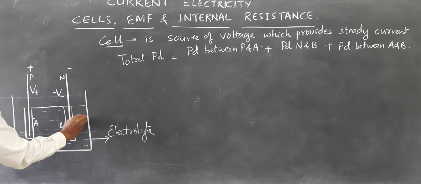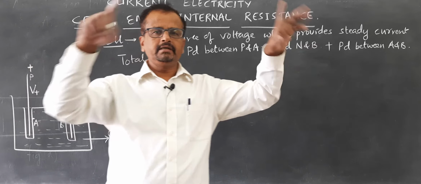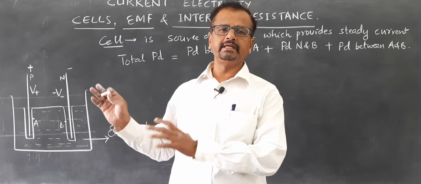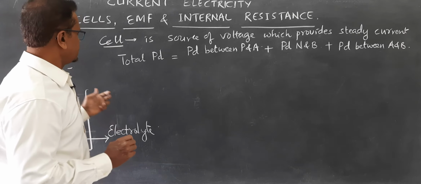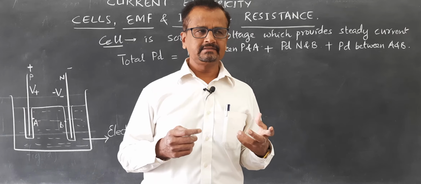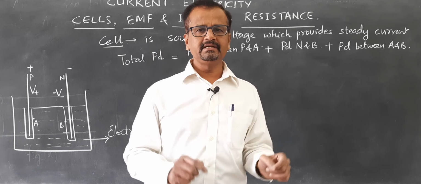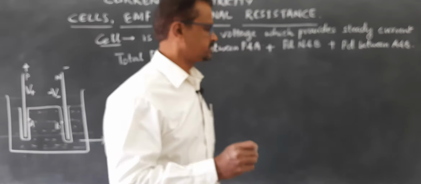Now, think that the cell is not yet connected to the external circuit, it is still in the open circuit. When the cell is in the open circuit, then the potential difference provided by the cell is called its EMF, electromotive force.